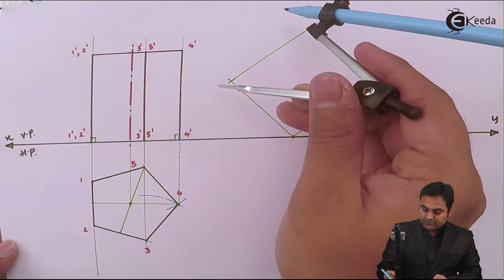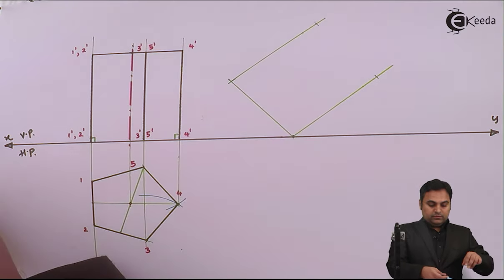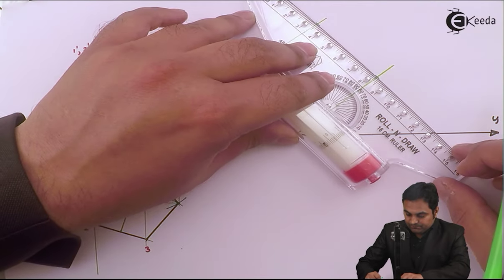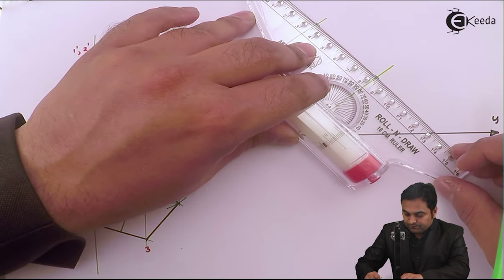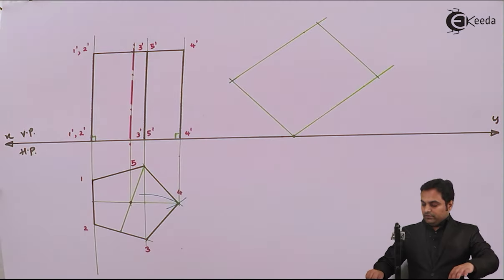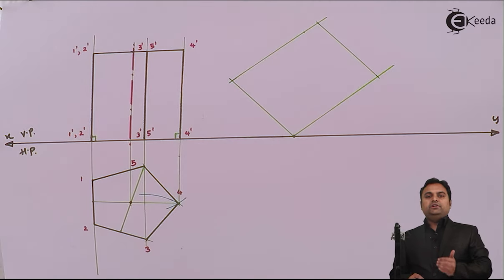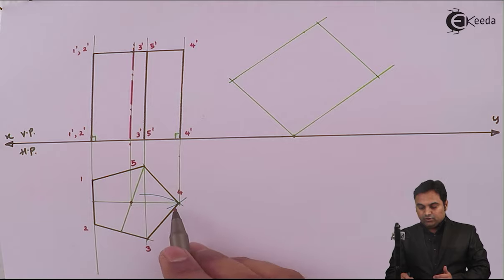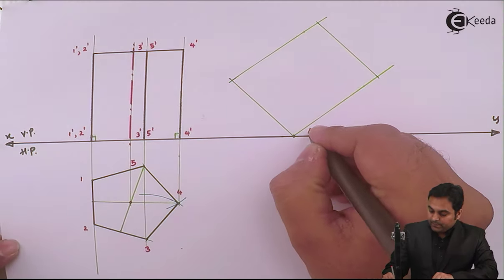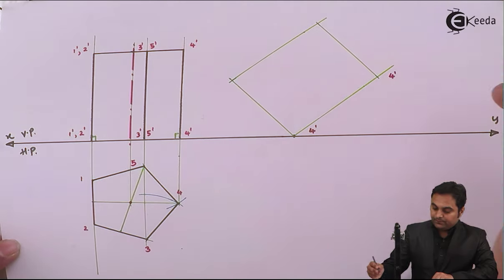Marking 60 mm on this side, also on the other side. Next, I'll join these points. And giving the notations here. The corner on which the pentagonal prism is resting, that is corner 4. So it is tilted about that corner. It means here it is 4 dash and 4 dash.